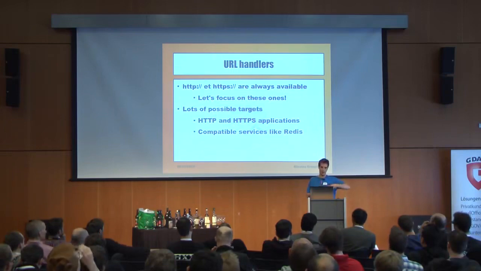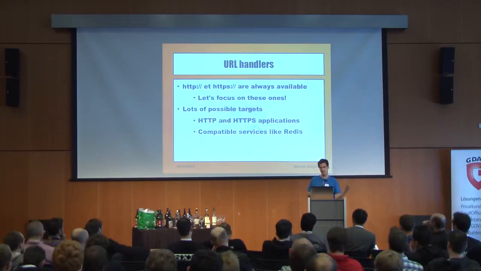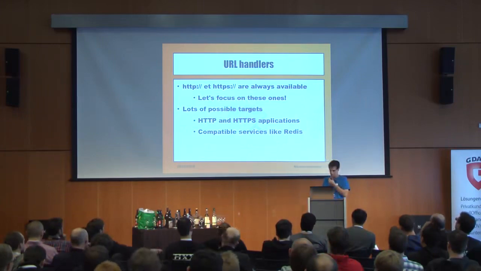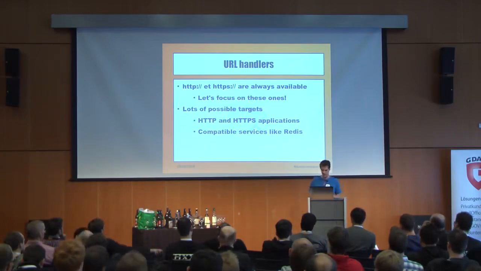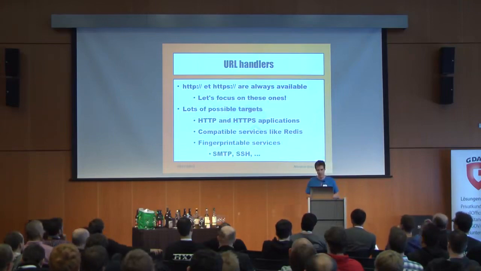So you can, for example, go through a proxy, a Squid proxy, and hit a Redis database and still send commands and receive the output of your commands. So you can really interact nearly perfectly well with the Redis database. And you have everything which is only fingerprintable, like SSH and SMTP.